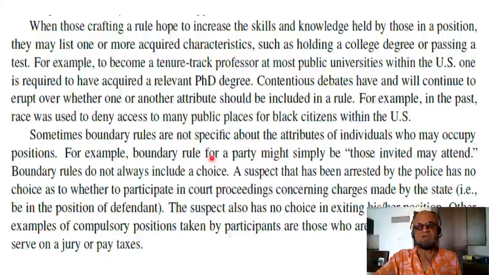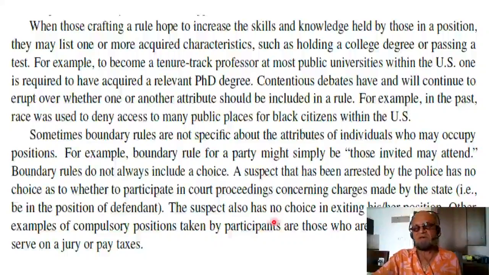Sometimes boundary rules are not specific about the attributes of individuals who may occupy positions. For example, a boundary rule for a party may be those invited may attend. Boundary rules don't always include a choice. Sometimes a suspect has been arrested by the police and he or she has no choice as to whether to participate in court proceedings concerning charges made by the state, i.e. those in the position of defendant.